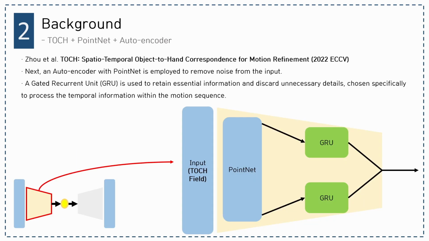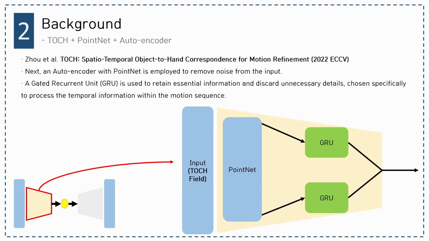Next, an autoencoder with PointNet is used to remove noise from the input. Since the autoencoder alone cannot capture temporal information, additional processing is required.